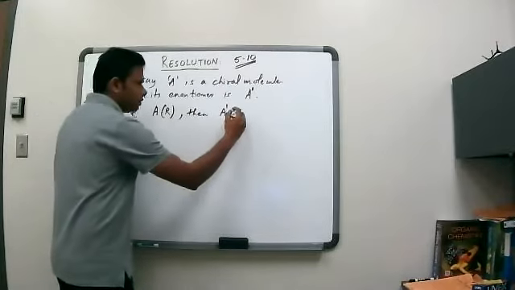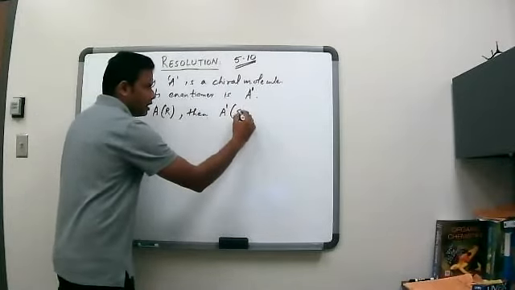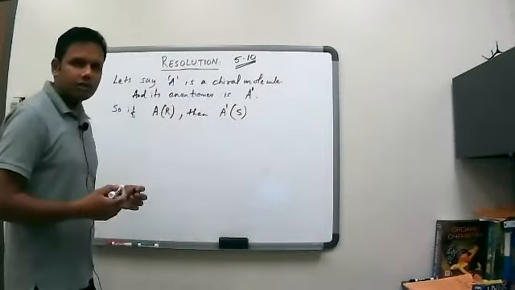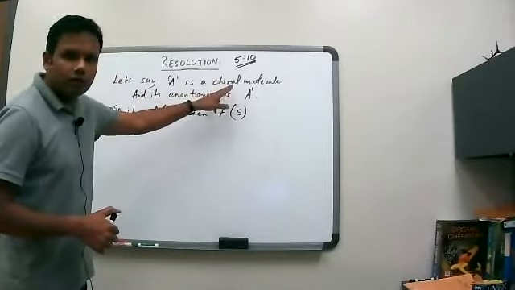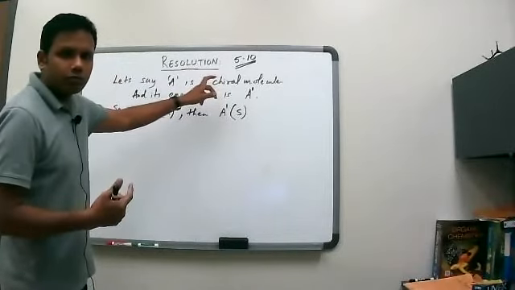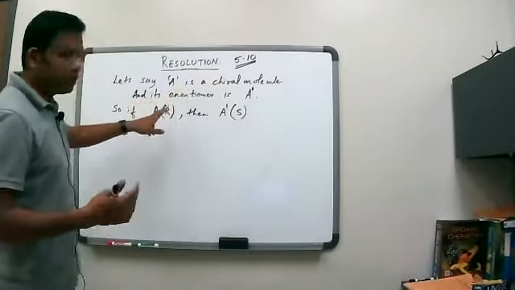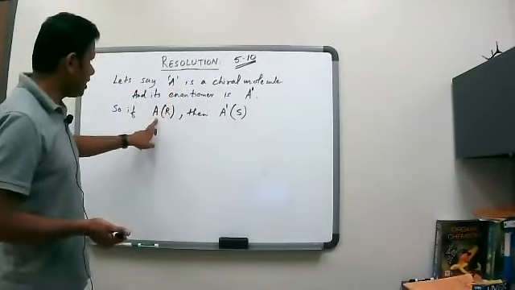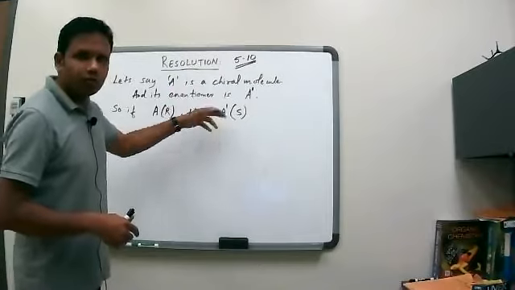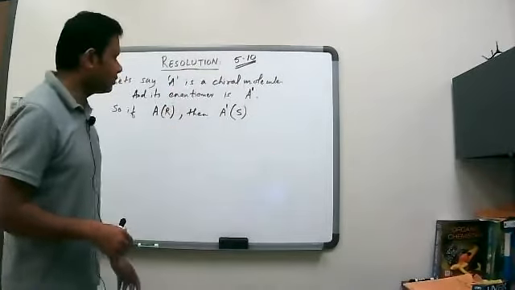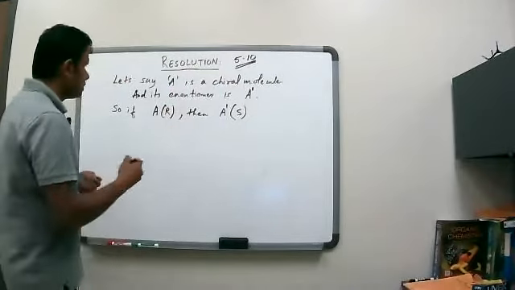Then A prime should be S. Does that make sense? Because they're both enantiomers of each other. They're related to each other as non-superimposable mirror images. So if we arbitrarily assume that A is of the R configuration, then A prime should be of the opposite configuration. So that's S.